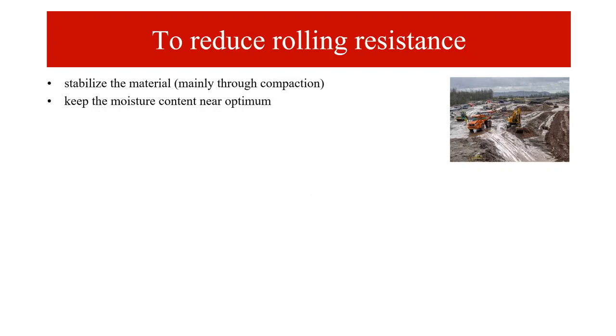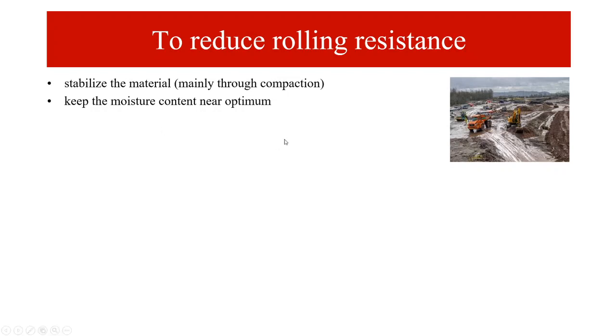Also, keep the moisture content near optimum. What it is saying is that we are not interested in increasing or decreasing the moisture content limitlessly. We cannot say the lower the better or the higher the moisture content the better.